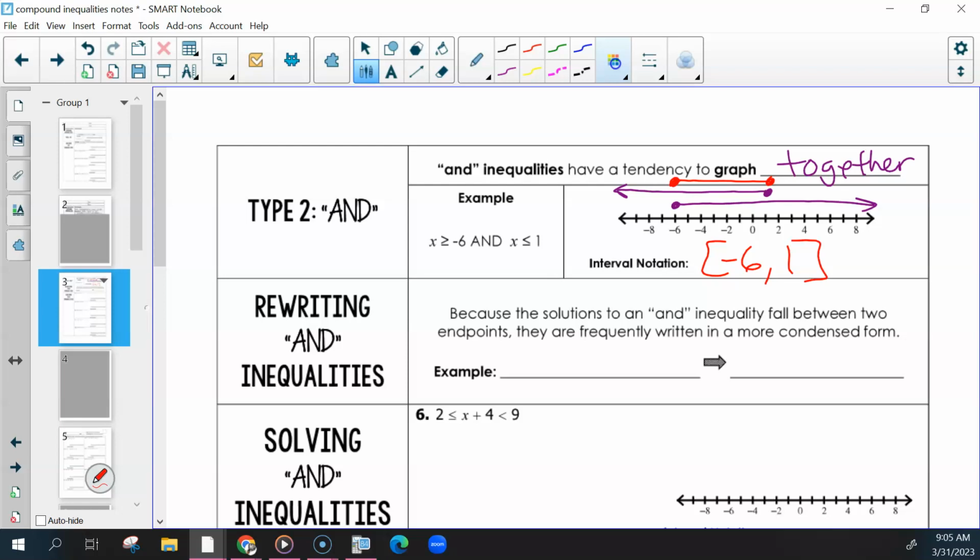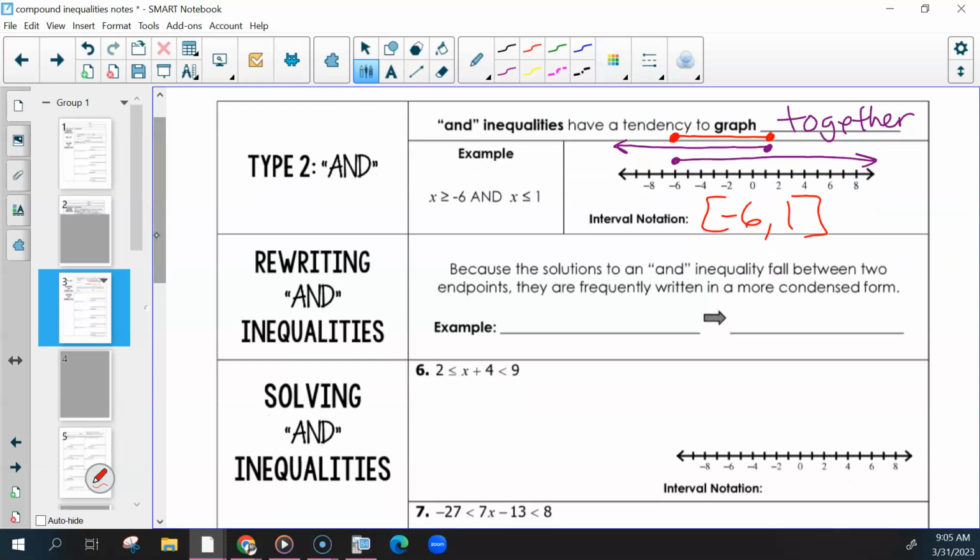But then we also rewrite it. So when we have AND inequalities, because they fall between two endpoints, we write this in a more condensed way. So I'm going to rewrite this down here. And instead of writing x is greater than or equal to -6 and x is less than or equal to 1, we can write it in set notation, starting with -6 is less than or equal to x, which is less than or equal to 1.